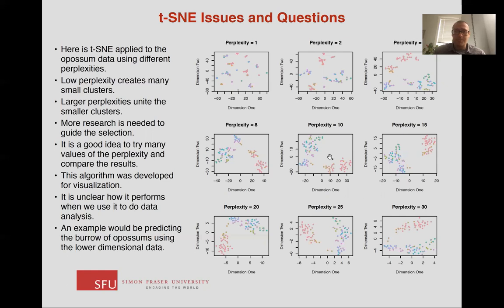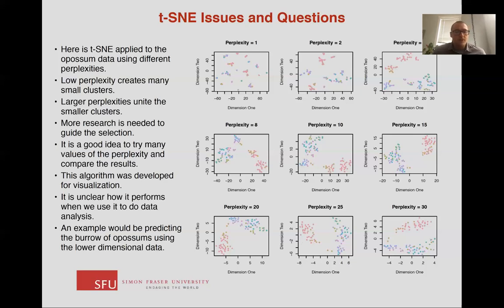And so you might pick one of these values, maybe 20 would be a good one to pick, 25 could be a good one to pick here. So it's a good idea to try different values of perplexity and see the results. If you see that a certain result or feature or grouping is present for all the different levels of perplexity you try, then it's a pretty robust result.